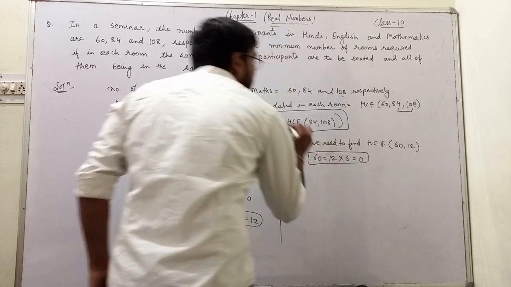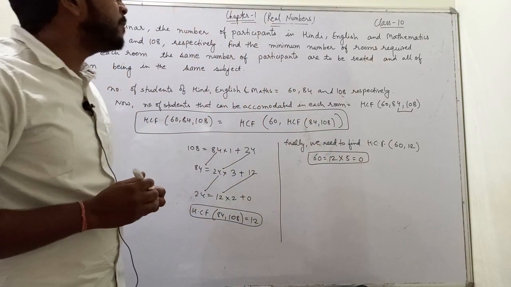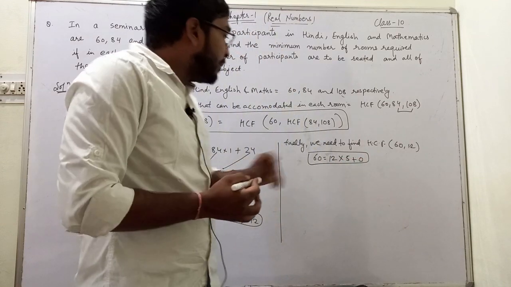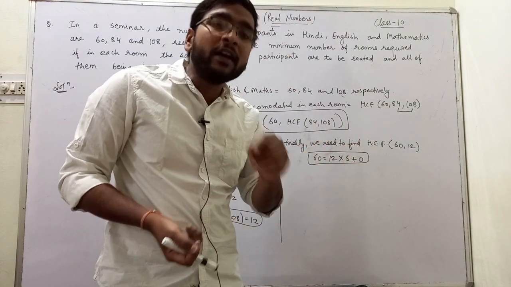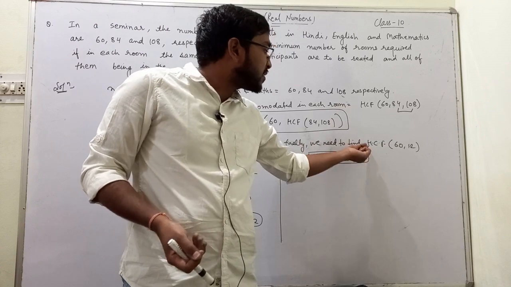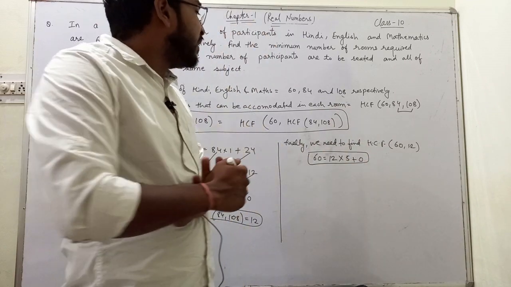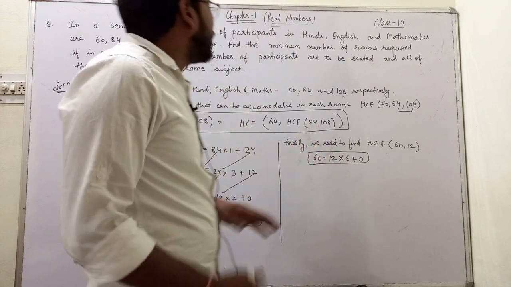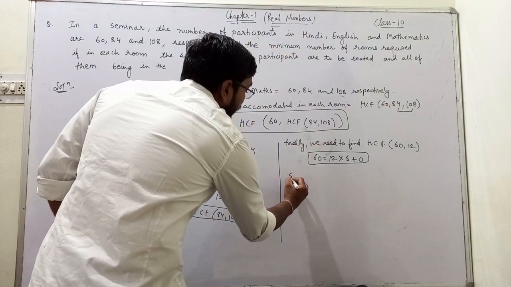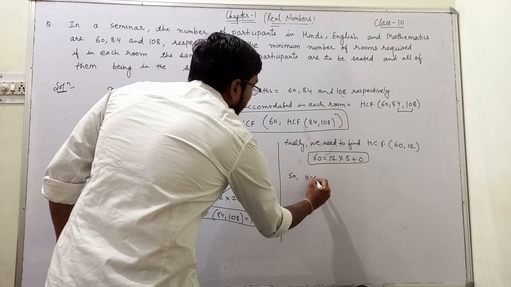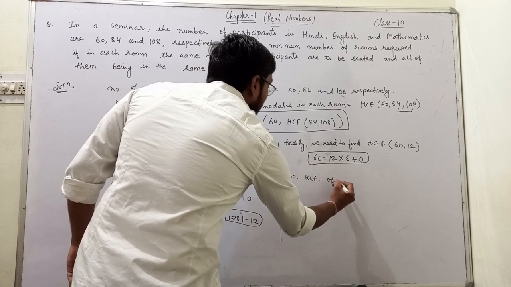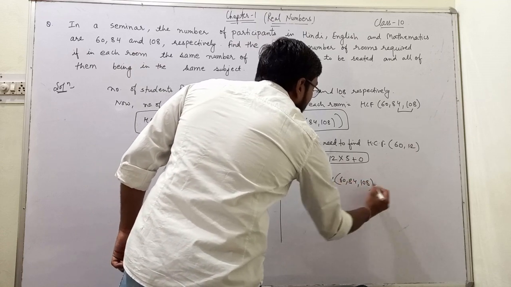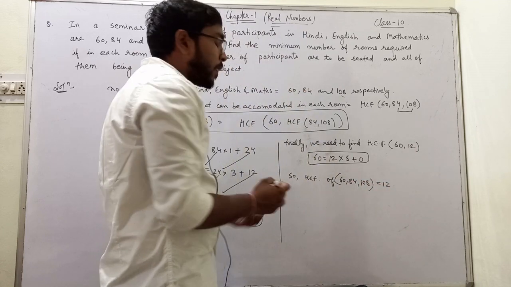So in a single step we are done. The remainder is 0, so the divisor in the last step will become the HCF. So HCF of 60, 84 and 108 is 12.